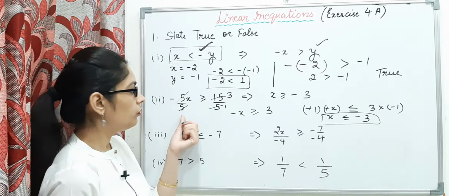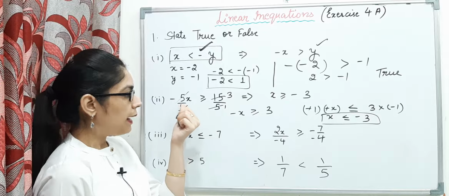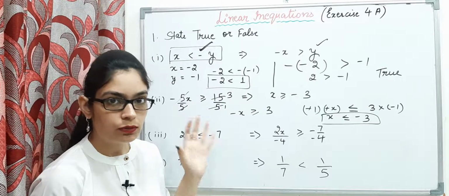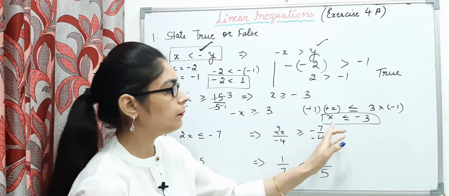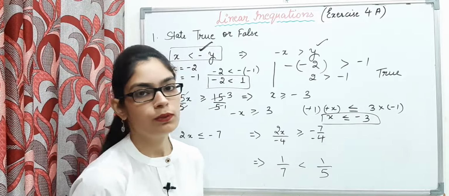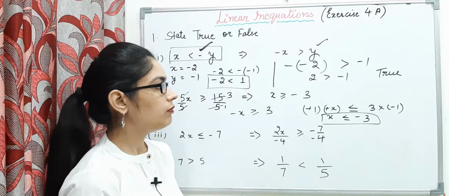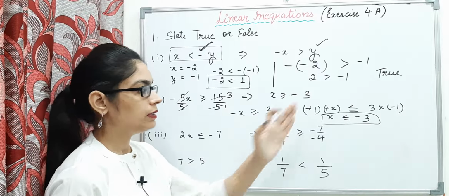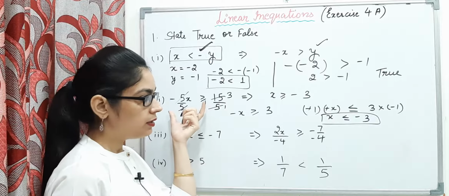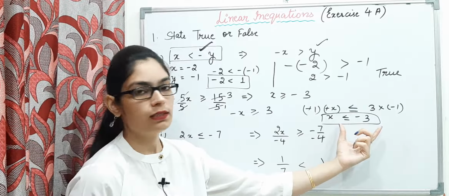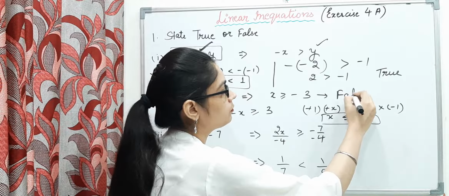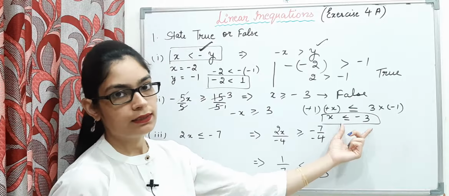So if minus 5x is greater than or equal to 15, then after solving this inequation we get x less than or equal to minus 3. But what they have given is x greater than or equal to minus 3. But after solving we got x less than or equal to minus 3. So this is false. If they give us this thing, then it will be true.